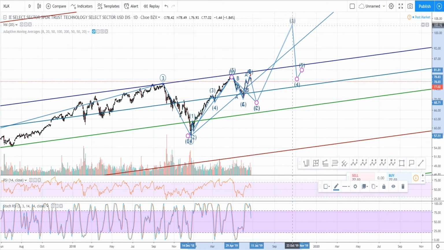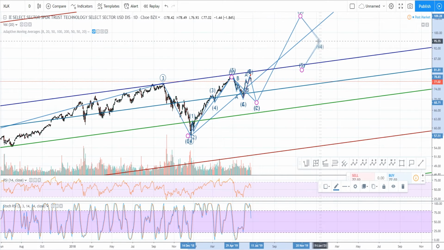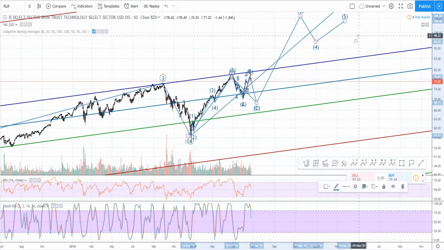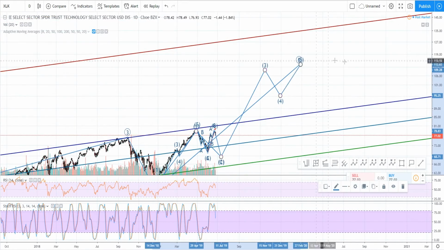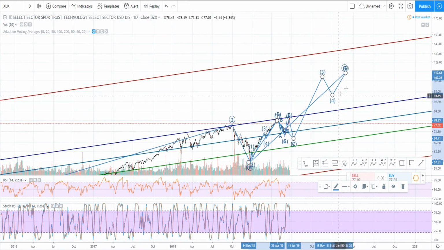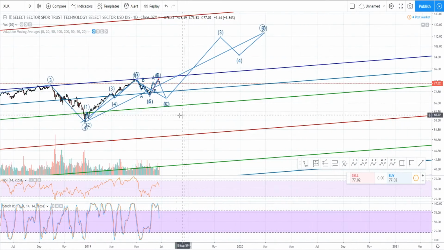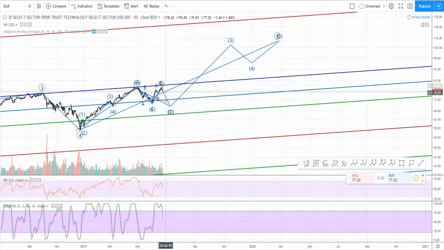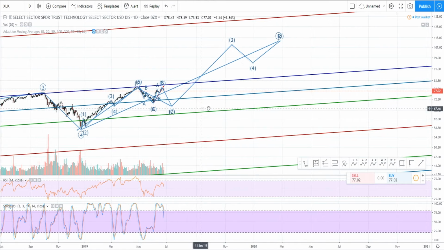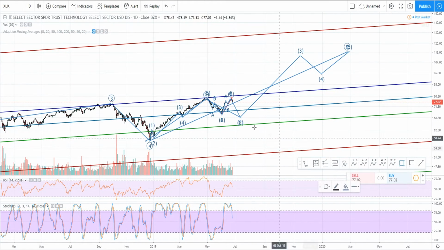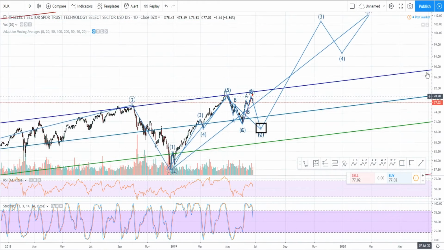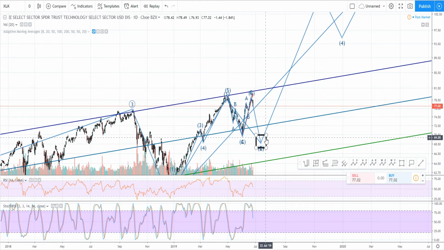So that could look something like this. Something like this. These aren't accurate targets, it's just to show you guys how it could look, right? So if this plays out like I've drawn it here, you really want to get in for long positions around here.